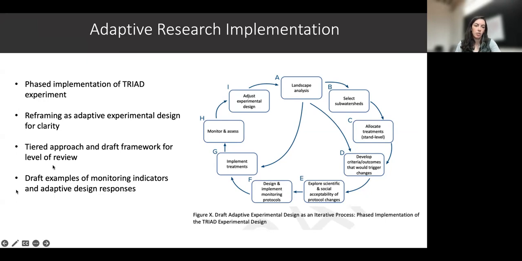Part of that is outlining a tiered approach and a draft framework for level of review. And this again came out of the conversation with the advisory committee at the September meeting, and thinking again about decision-making processes and what is in a forest management plan versus what is in a biennial operations plan.